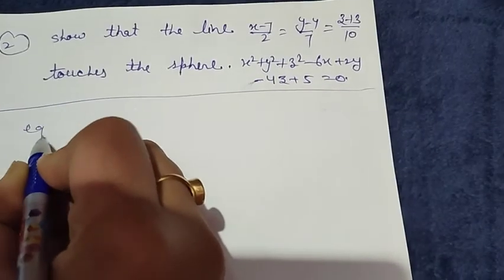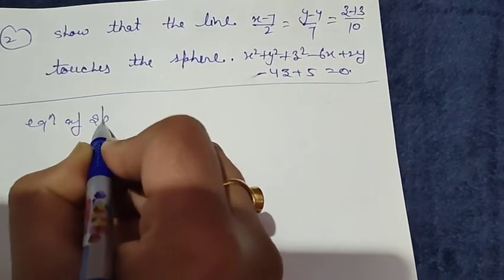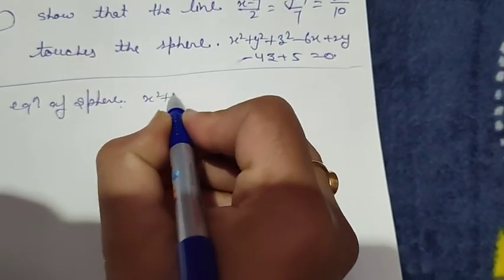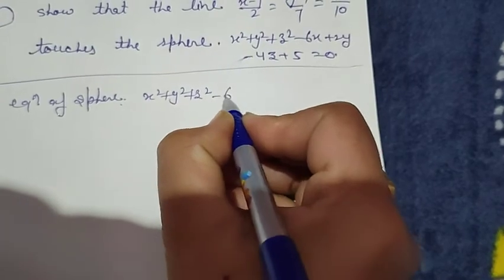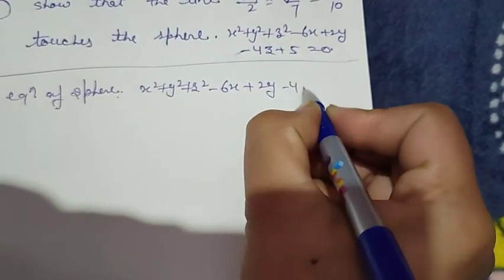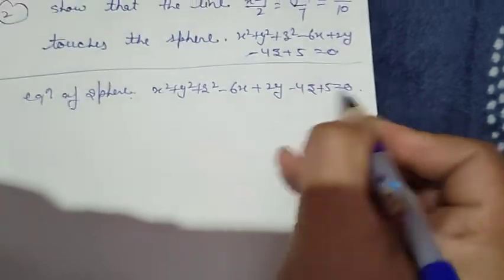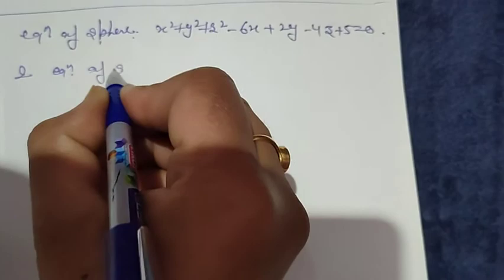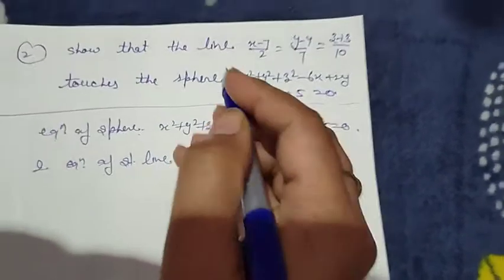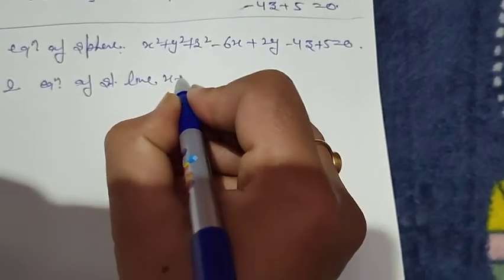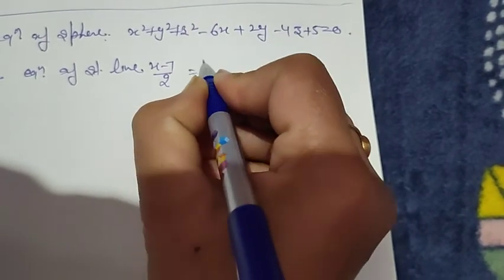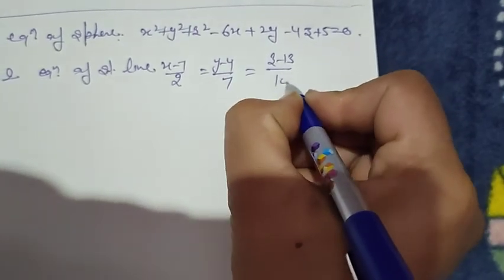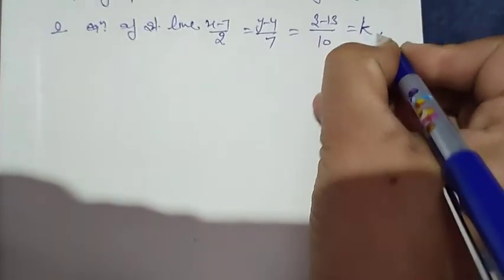The given equation of sphere is x² + y² + z² - 6x + 2y - 4z + 5 = 0, and the equation of straight line is (x-7)/2 = (y-4)/7 = (z-13)/10 = k, a constant.